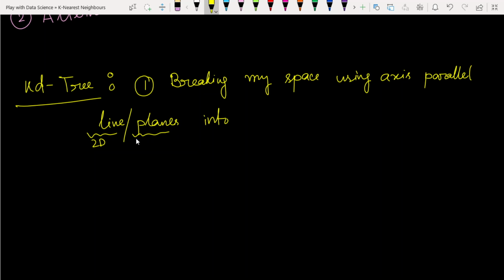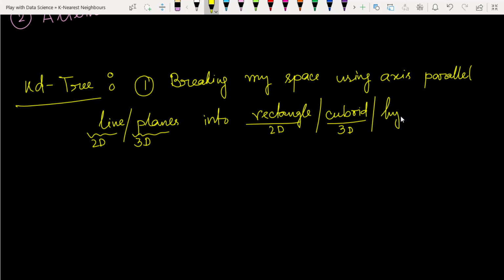If we consider 3D, then planes and a cuboid. And for n dimensions, hyperplanes and a hypercuboid.